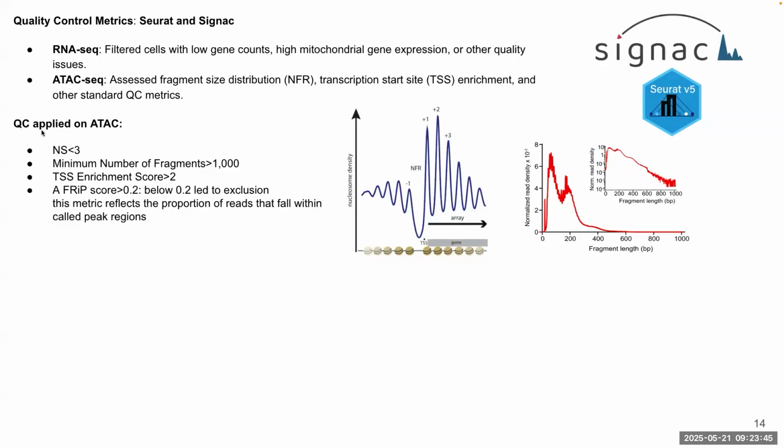I'm going to focus on the quality controls applied to ATAC by these authors. They apply what is called a nucleosome signal less than 3, because, for example, in this cartoon, you can see that we have a nucleosome density, but we also have a transcription start site that you can see here.